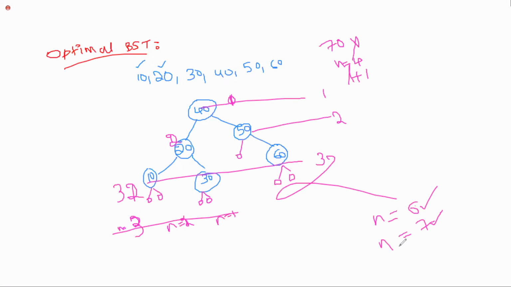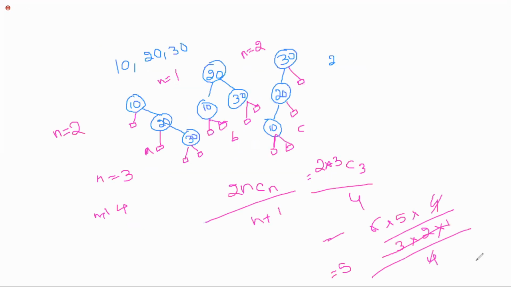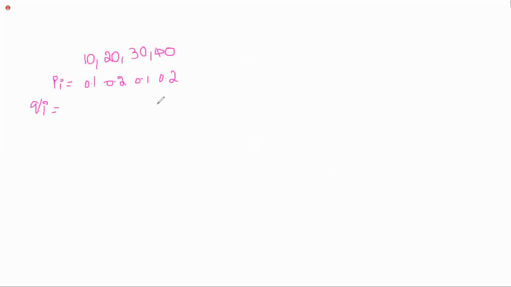But for an unsuccessful search, it is n plus 1. So here I have given only 4 probabilities for successful search, but unsuccessful search has 5 probabilities, because with 4 nodes you get 5 null nodes. So you have 5 unsuccessful search probabilities.